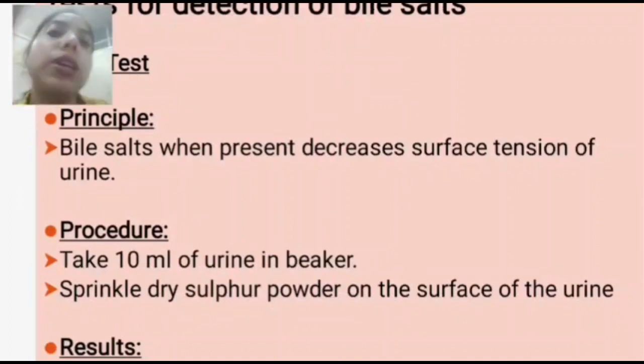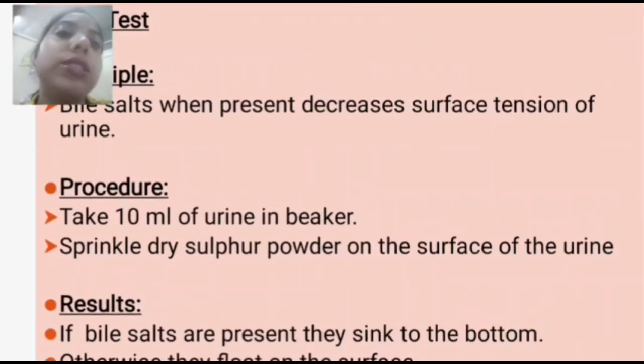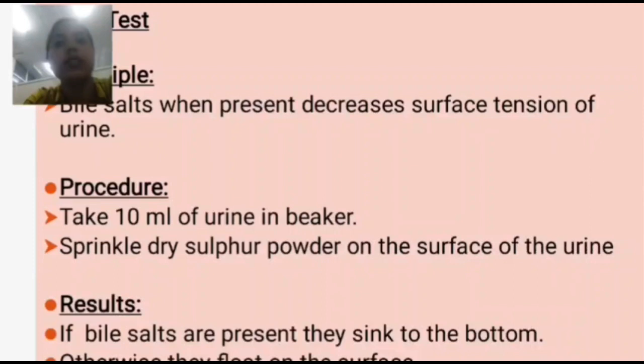The procedure for Hay's test is like this. We have to take 10 ml of urine in a beaker, and we have to sprinkle dry sulfur powder on the surface of the urine. That sulfur powder looks pale yellow in color. If I list the requirements for this procedure, we need a beaker, then a test tube or a container which will hold the urine sample.